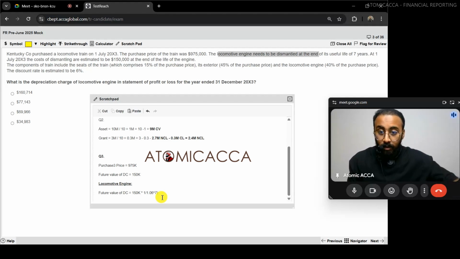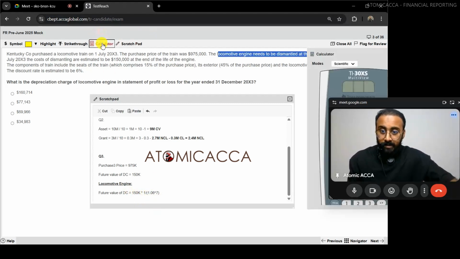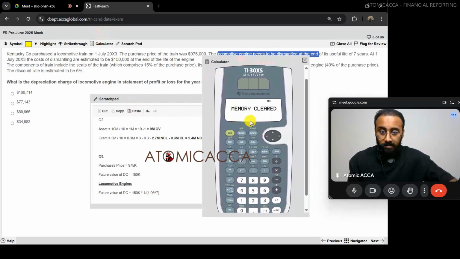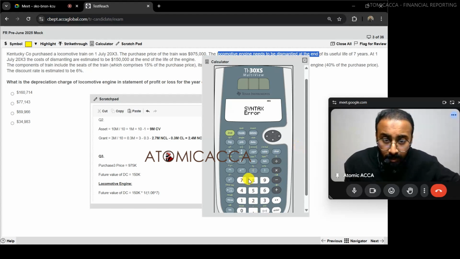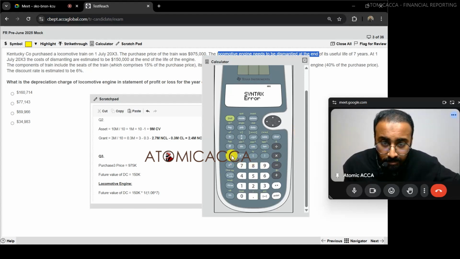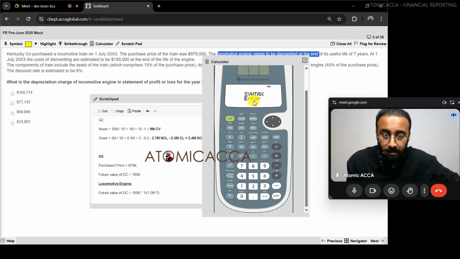Now this I can't do on my normal calculator. So I'll need the calculator from here. Let's do this. First let's find out what is this discount factor. 1 divided by bracket 1.06 raised to 7 years. Syntax error. Let's try once again.